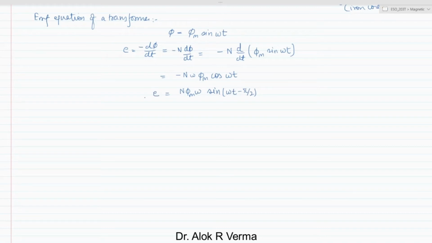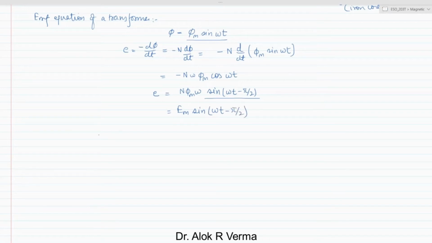This is the induced EMF. So here you can clearly see there is a phase angle difference between the flux and the induced EMF. So the induced EMF basically can be written as Em sin of omega t minus pi by 2.